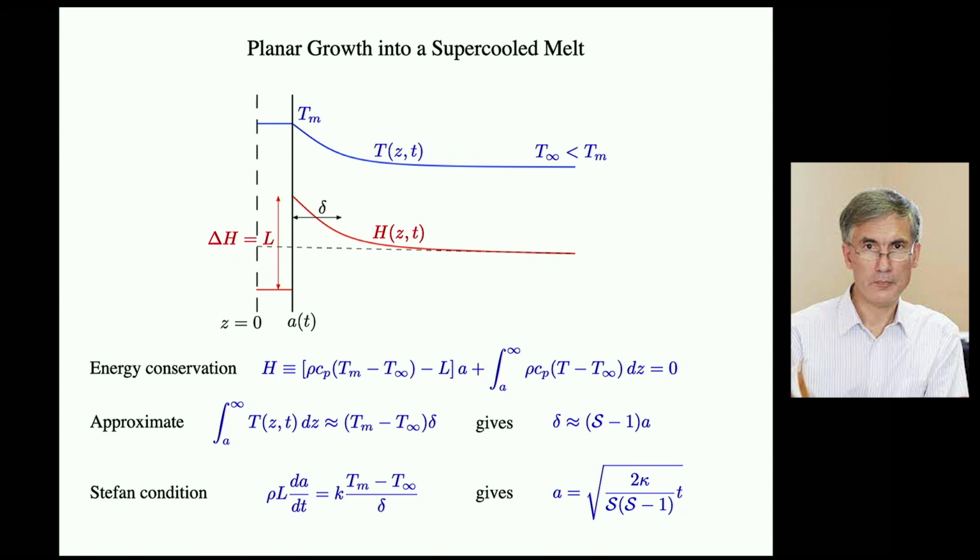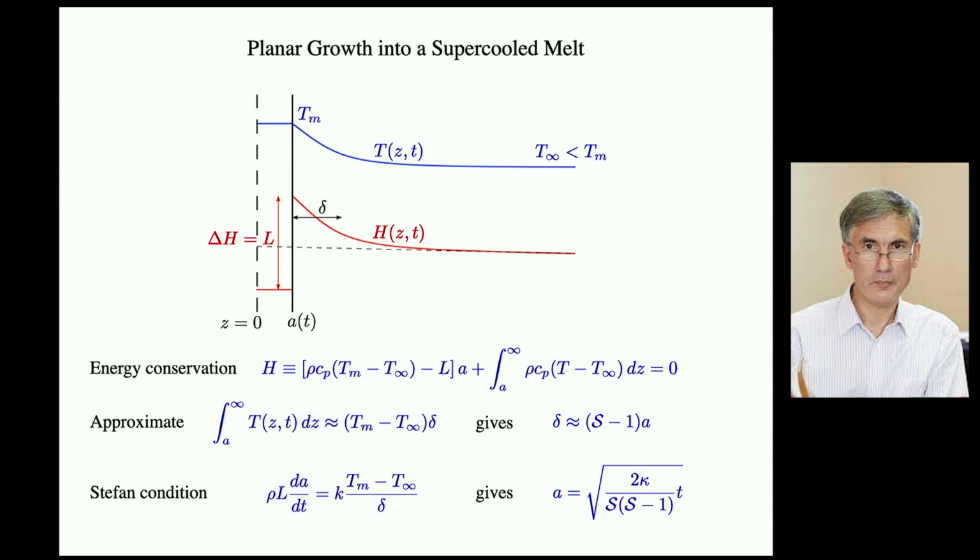So we have to conserve the overall heat content of this system, and the heat content is made up of the heat content of the solid, with respect to the temperature at infinity, that's the specific heat capacity times the density, so heat per unit volume, times the temperature difference. And here I am assuming that material properties like specific heat capacity are constant.